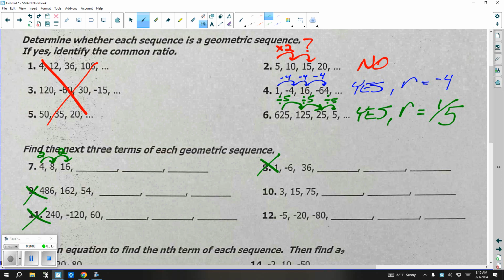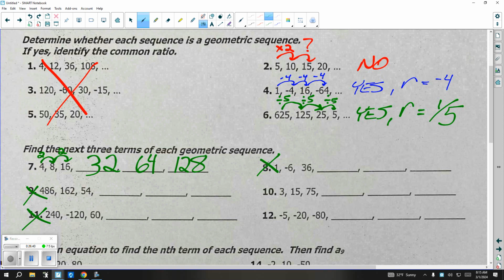Use your calculator and find the next 3 terms, while I drink my coffee. Did you have 32? Yay. Did you also have 64? Yay. Did you also have 128? Yay. There you go.